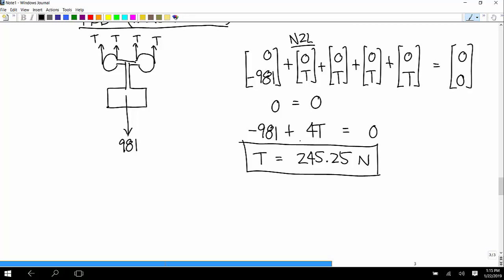What we're doing is holding up a 981 newton weight by holding onto the cable with a force of 245 newtons. That's obviously a really useful thing in a lot of applications, and so that's used in a lot of places where big loads have to be lifted into trains or ships or whatever.